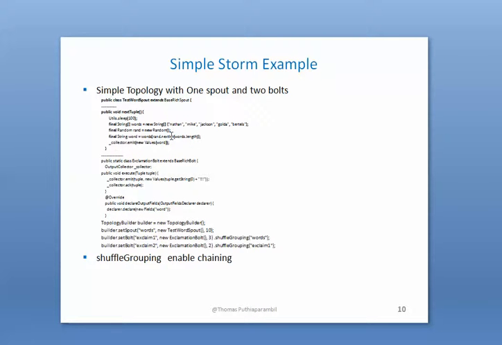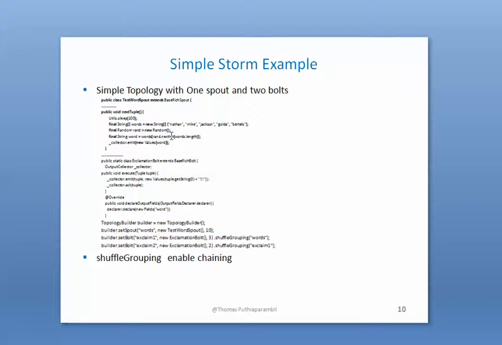So I'm showing a simple example of how a topology can be created using a spout and two bolts.